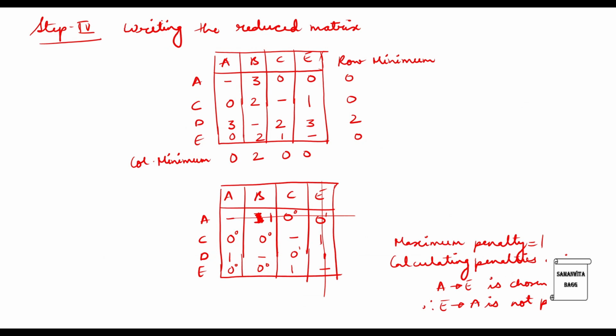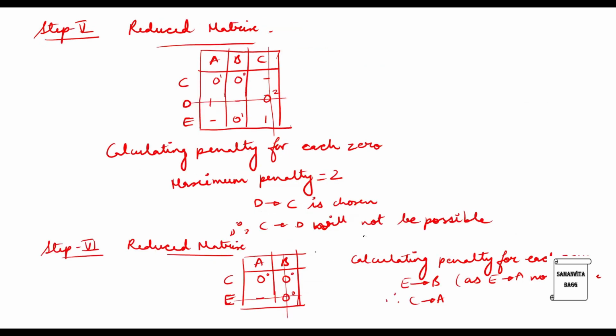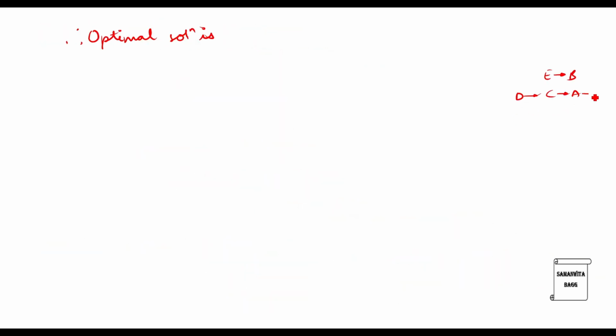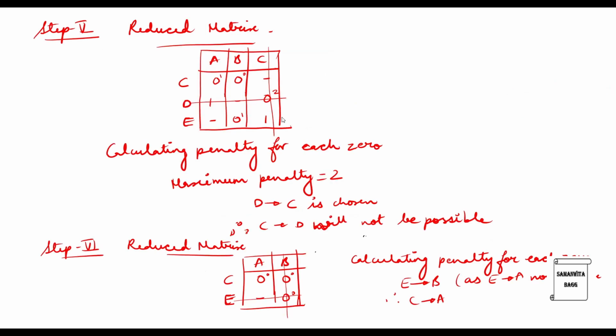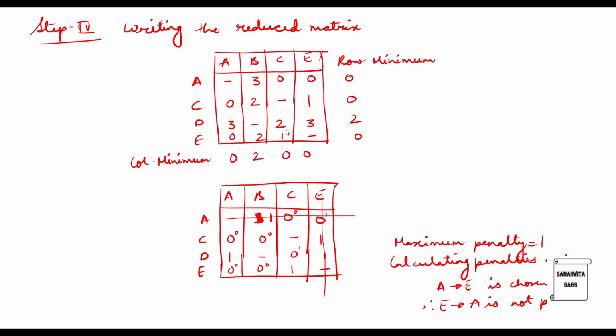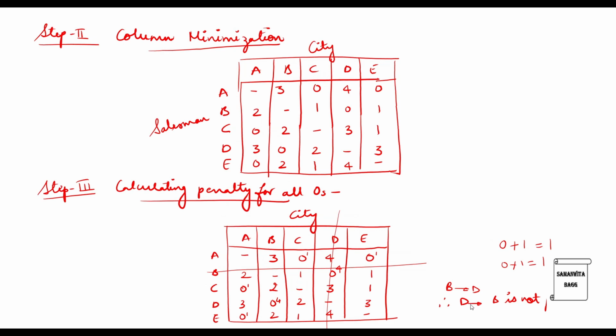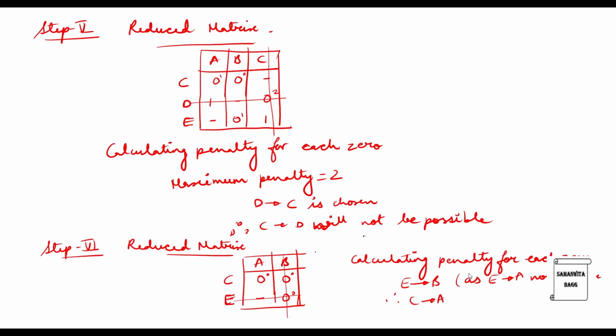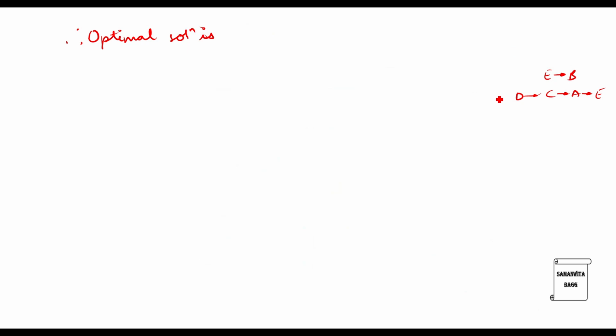Before that, I have written A to E. And here I have written B to D. Can you see? So we have E to B. So this is what we have written. So I will write here the optimal solution is A to E, to B, to D, to C, and to A.